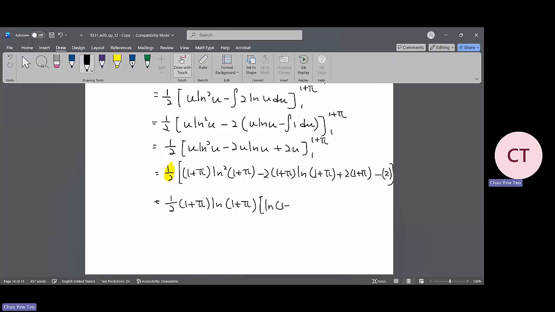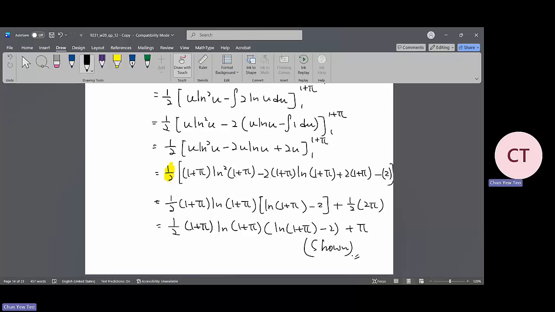You have ln 1 plus pi, and this will be 1 plus, you will have minus 2, and then plus the half times 2 pi. Simplify it, then you will get the answer. This will be ln 1 plus pi minus 2 plus pi. So shown.